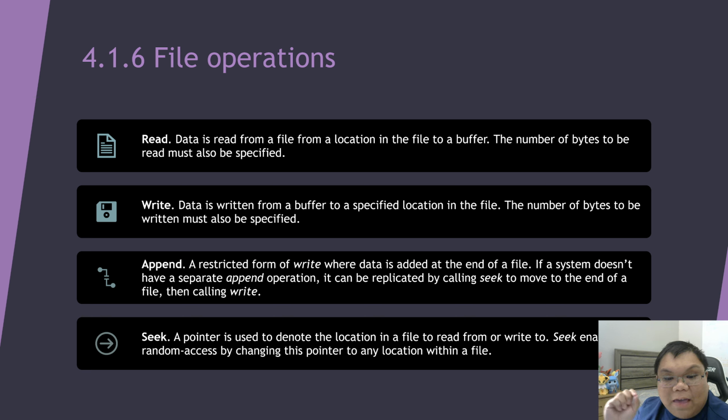So if we have a 4096-bit buffer, and there are like 3000 bits in that file that we were reading, we call read, we pass in a buffer, we pass in a file descriptor, and we pass in 4096, which says we are trying to read 4096 bits. Oh, my bad. It's bytes.